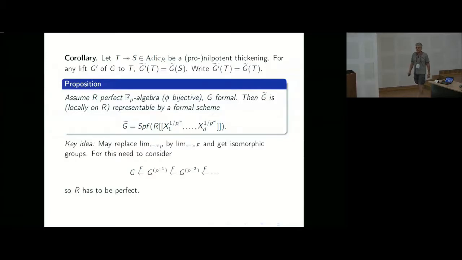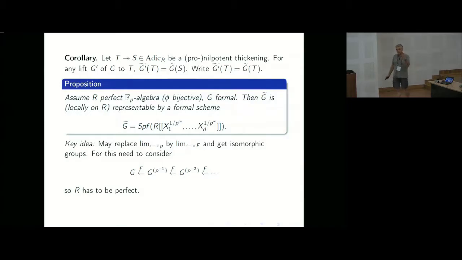And the key idea here is rather simple. You can find the full proof in the paper by Scholze and Weinstein. The idea is to replace the inverse limit over p by inverse limit over Frobenius. And using the relation between Frobenius and Verschiebung, F times V equals p, you see that in this case you get an isomorphic group. Now it's obvious that when you do the inverse limit over Frobenius in characteristic p, that's what you get because you just extract p-th roots each time.